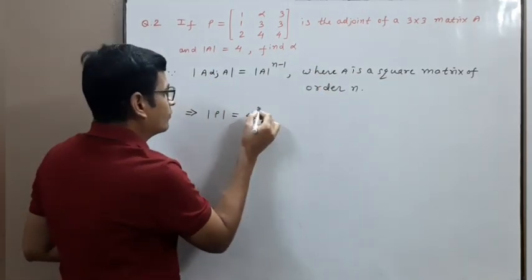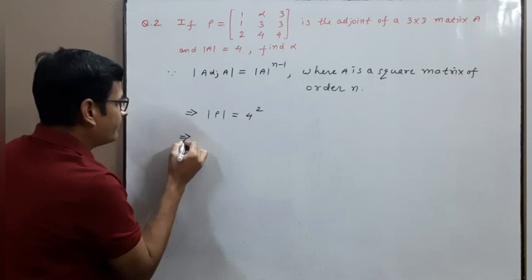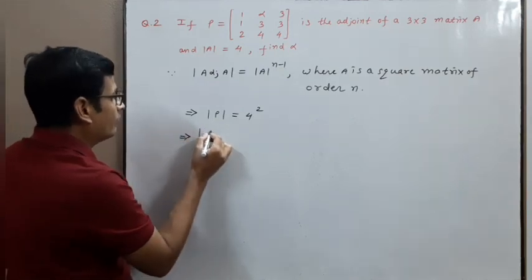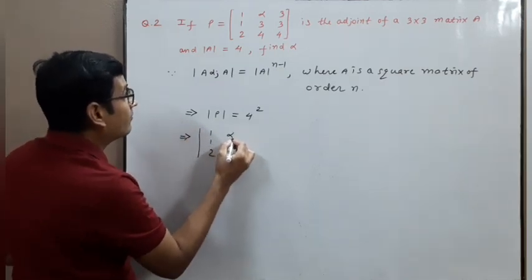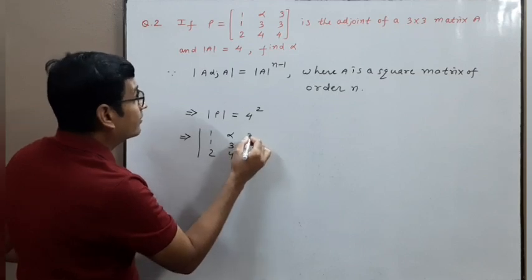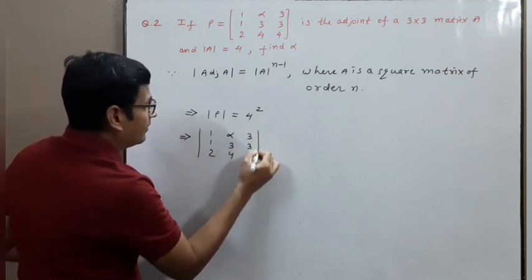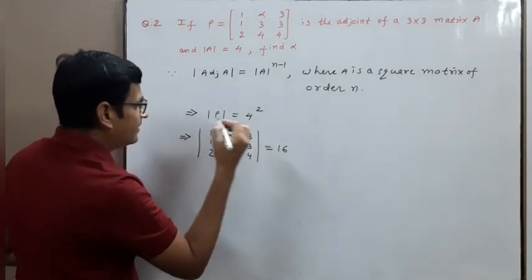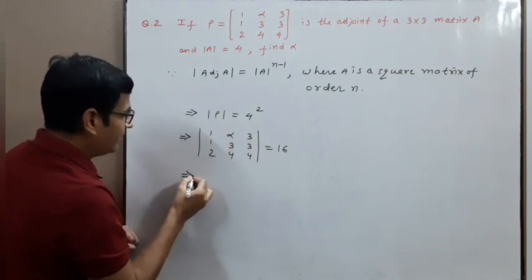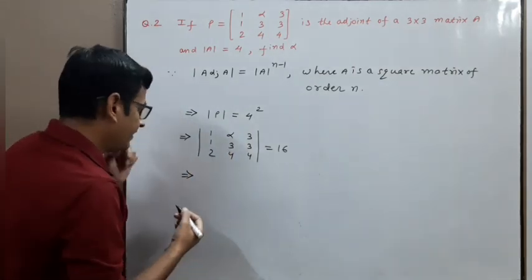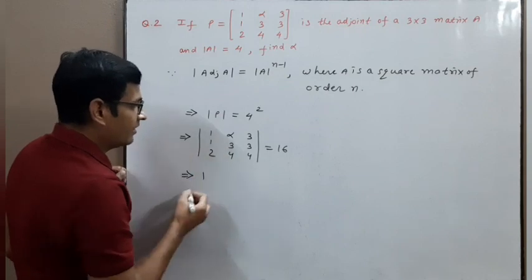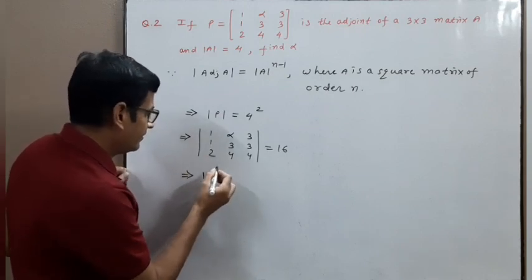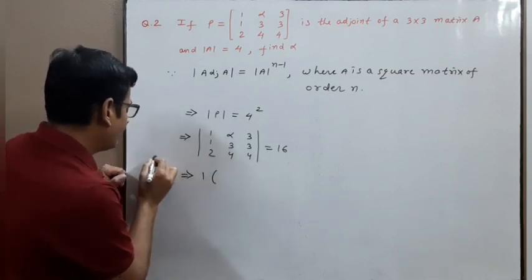minus 1, which is 2. Next step, determinant P, with rows 1 1 2, alpha 3 4, 3 3 4, is equal to 16. Now this is a simple question, a linear equation in one variable. Simplify, expanding along R1.